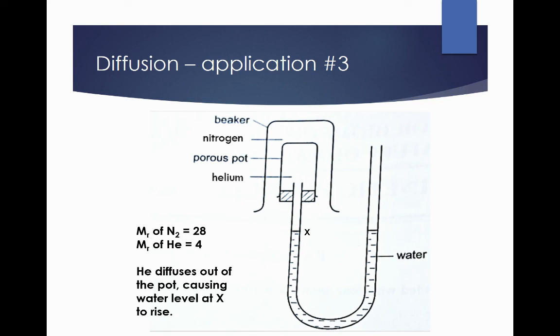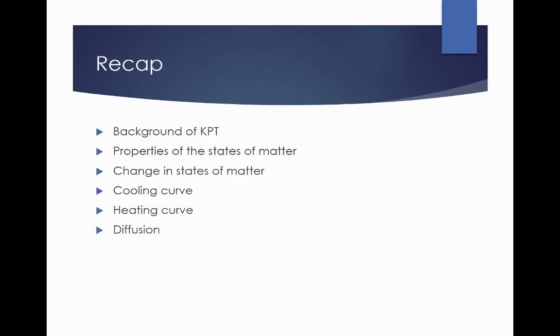Now, I hope that you have managed to get all the three application questions correct. And we've come to the end of this video. To recap, we have looked through the background of the KPT. We have looked through the properties of the states of matter and emphasized on the three things: the arrangement, the movement, as well as the attractive forces of the particles.